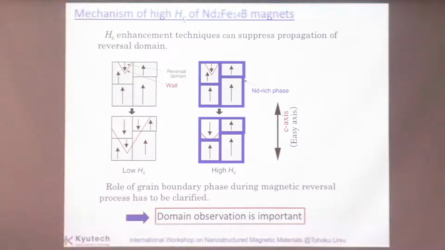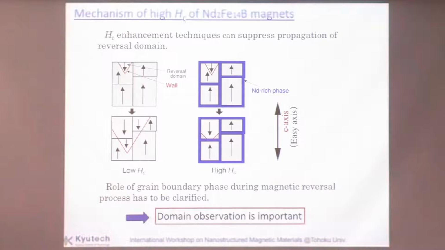In this other case, the grain boundary phase is optimum. So the reversal domain nucleates, and after that, the magnetization reversal is suppressed at the grain boundary phase.